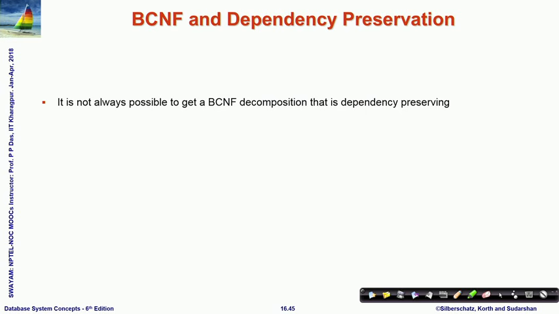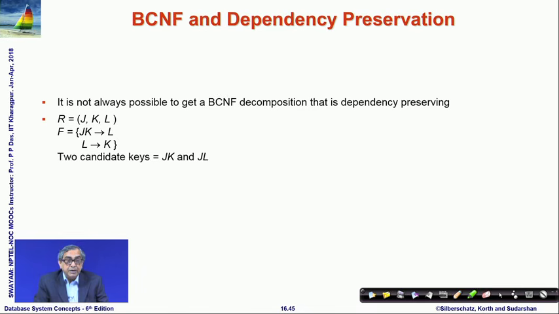But BCNF, as I am again warning you, does not preserve dependencies. It gives you lossless join, but it does not preserve the dependencies. So, it is not always possible to decompose into BCNF with dependency preservation. Here is an example which we saw a little earlier, where there are two candidate keys.